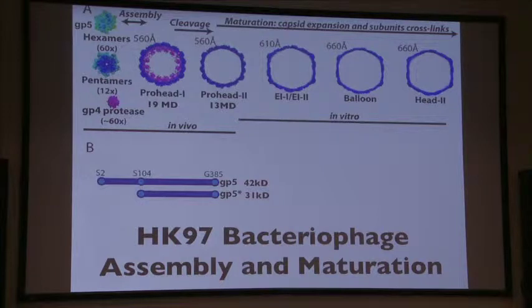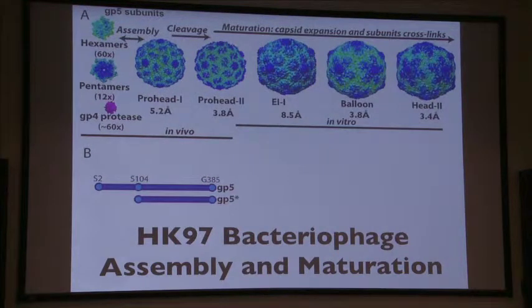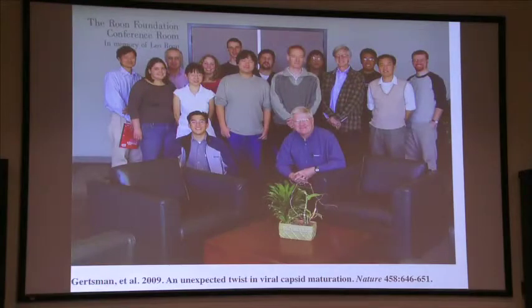The protease processes the capsid protein, takes off the first 103 amino acids to make the prohead 2, which is the substrate for DNA packaging, and then the particle goes on through a number of different intermediates that we've been able to characterize, both by electron microscopy and by X-ray crystallography.